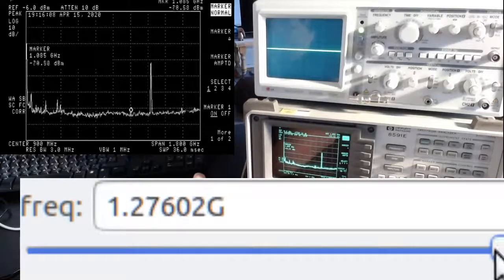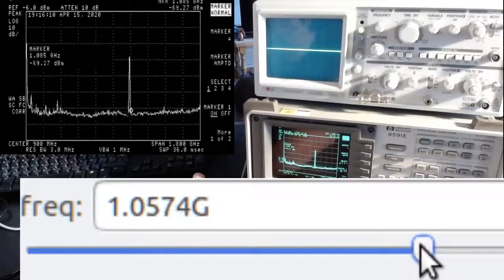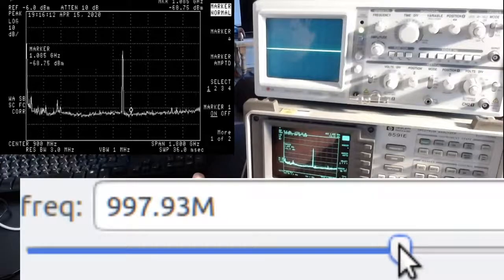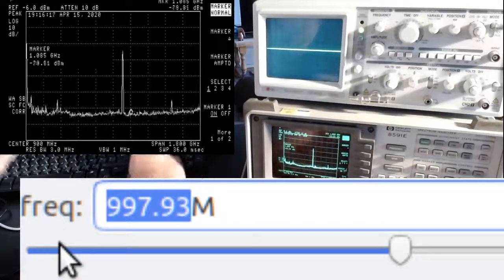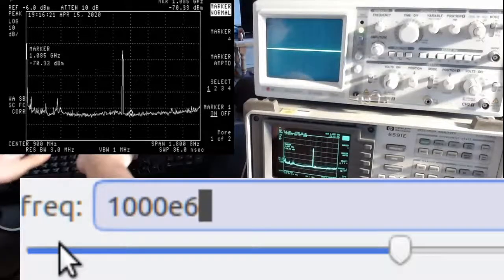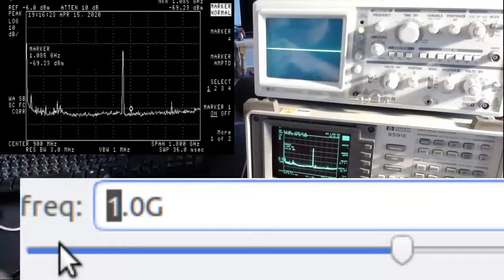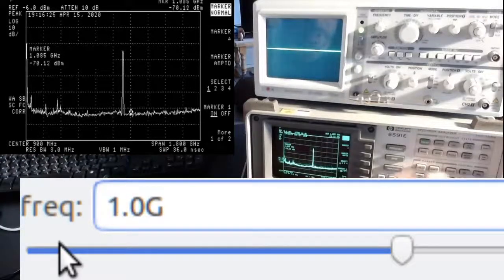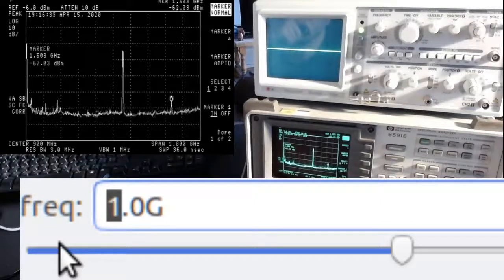If I generate a frequency of just 1 gigahertz, so let me just write it. So 1000 E6, which means 1 gigahertz. As you can see, I'm getting this signal here at 1.5.